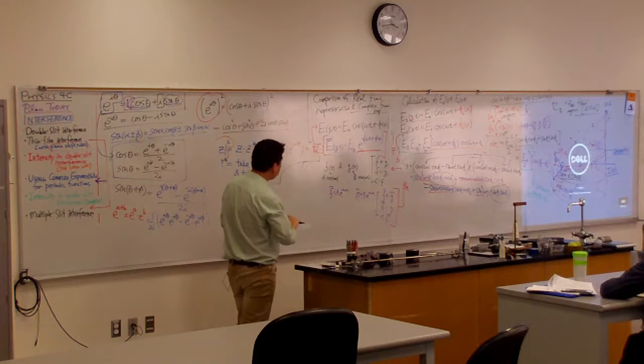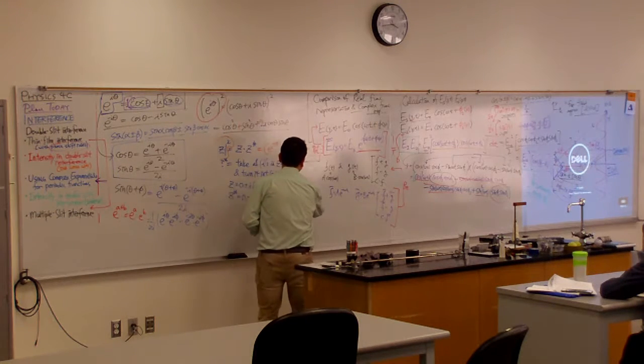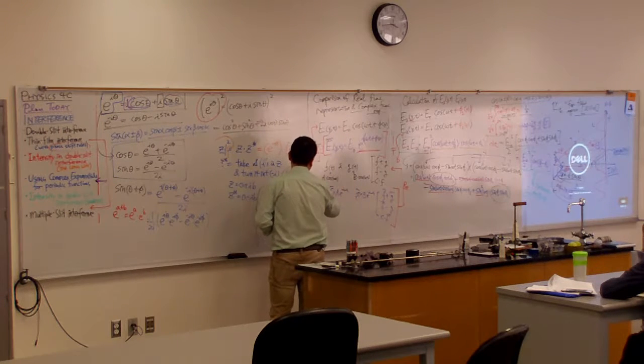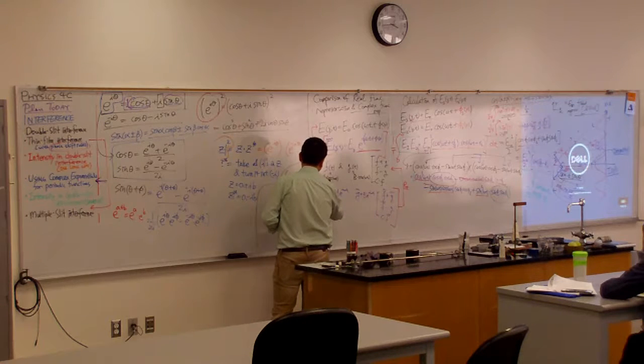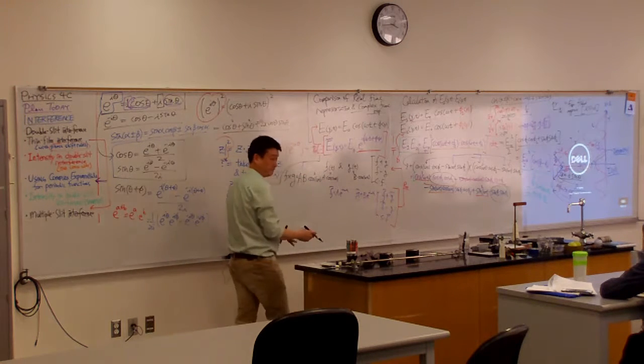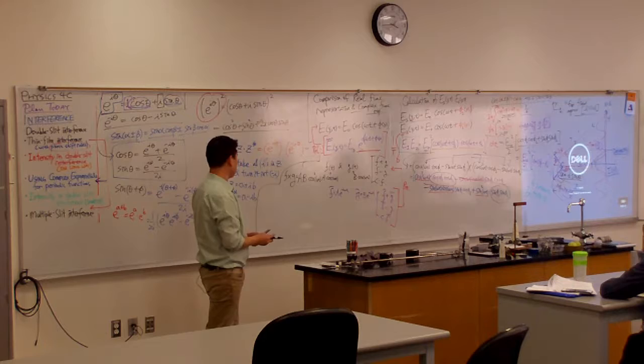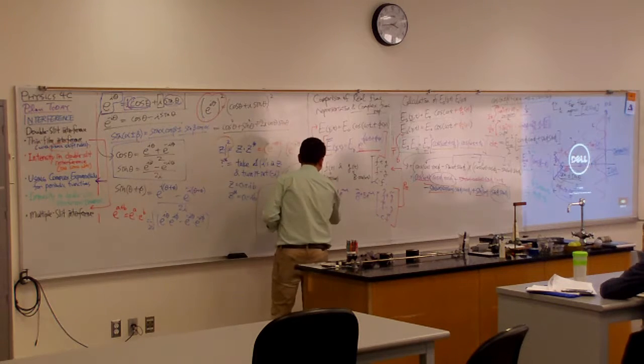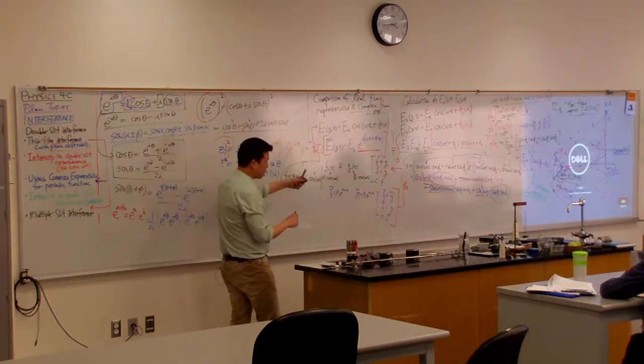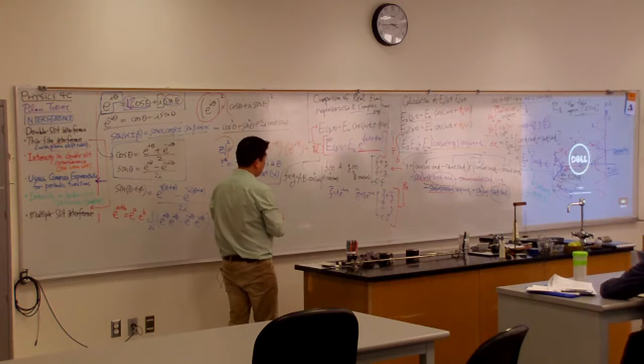Let's say I do f times g here. So f times g gives me a times b, cosine squared omega t. Nothing complicated, and that's the real part.